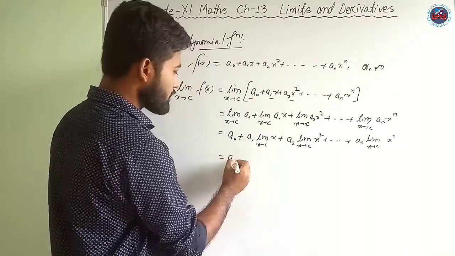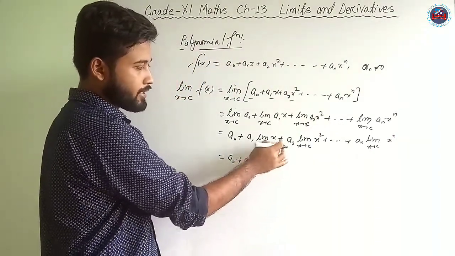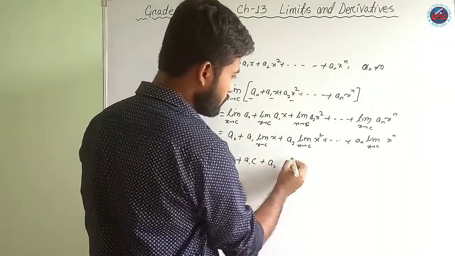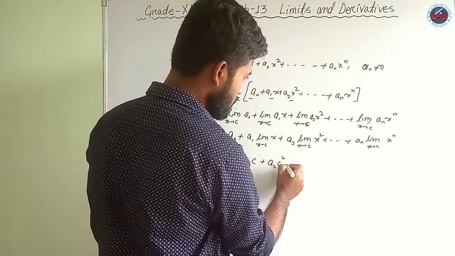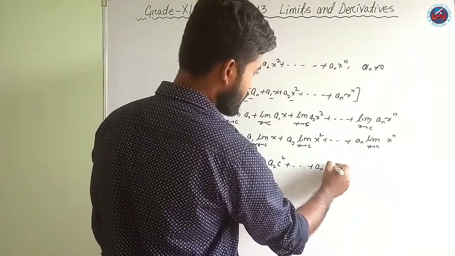So this gives us a0 plus a1 times c, since in place of x we put c, plus a2 times c², and so on, up to an times c to the power n.